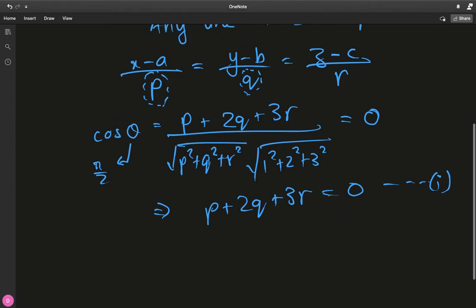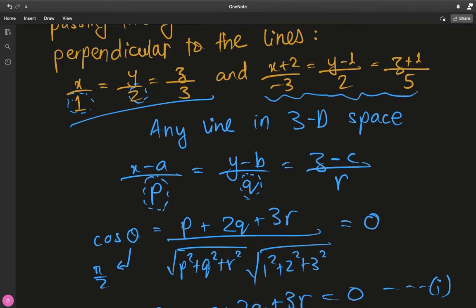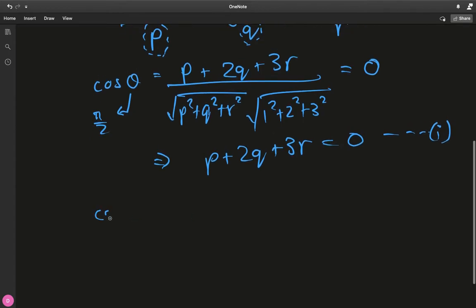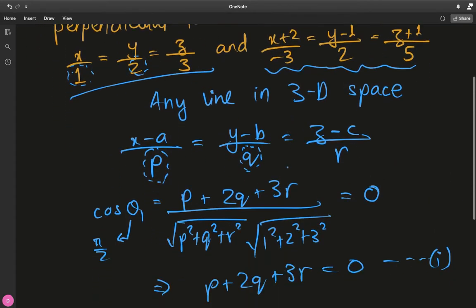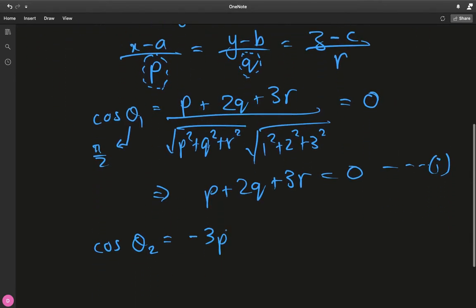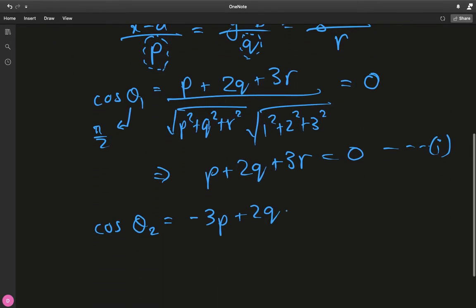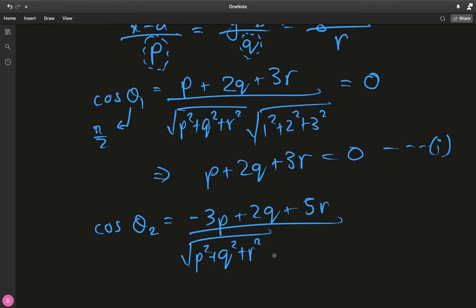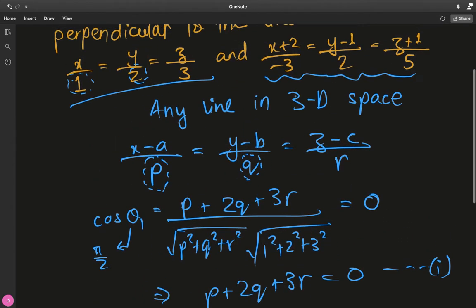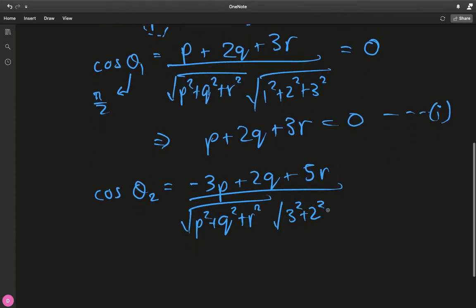So that was looking at this first line. Now let's look at this second line. We'll do a similar approach. Again, cosine of this theta, call this theta 2, is negative 3p plus 2q plus 5r, divided by the square root of p squared plus q squared plus r squared, times the square root of 3 squared plus 2 squared plus 5 squared, is equal to 0.